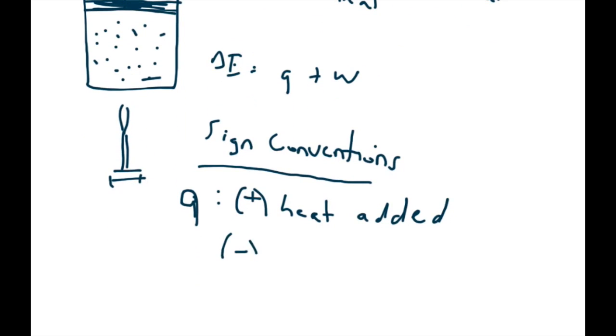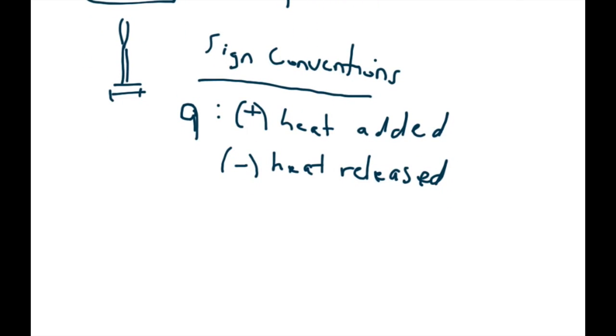Conversely, Q will have a negative sign if heat is released by the system. Again, I apologize for this writing. I hope that you all can read it. So heat is released from the system if Q is negative. So imagine just simply lighting the Bunsen burner, and if heat is going into the system, then Q is positive. And imagine putting your hands around the piston and holding it, and if it feels hot, then you know that heat is released, so therefore Q is negative.